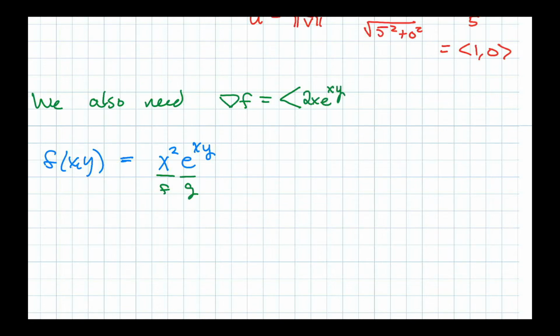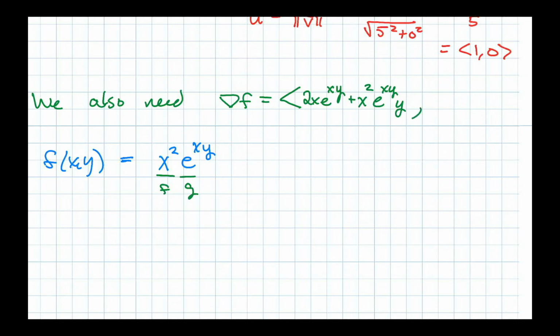So that's f prime g plus fg prime, which is x squared. Then you need the derivative of e to the xy, which is e to the xy times the derivative of what's inside. The derivative of xy with respect to x is simply y. So there's your x derivative.